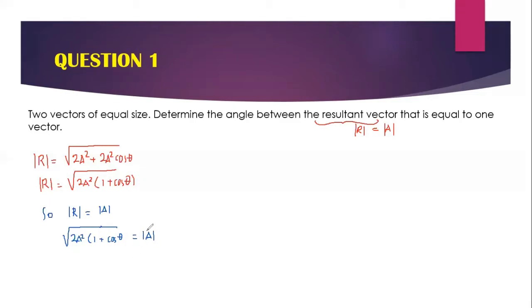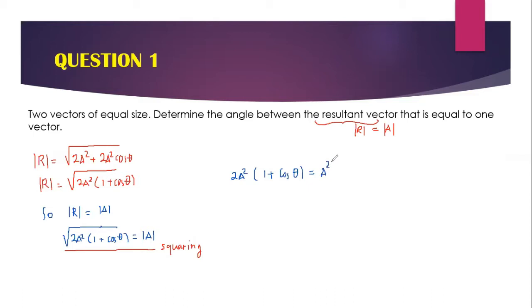Is it clear, everyone? So how do we cancel this operation? You can cancel this operation by squaring, right? So 2A squared, open the bracket, 1 plus cosine theta, equals A squared.